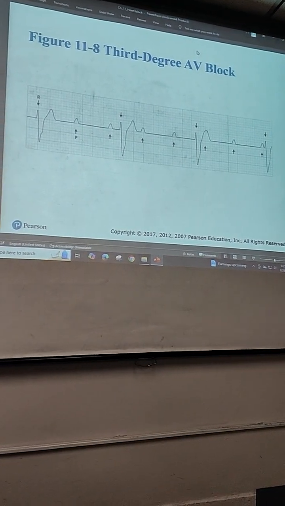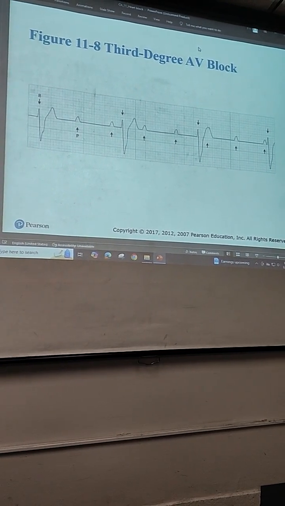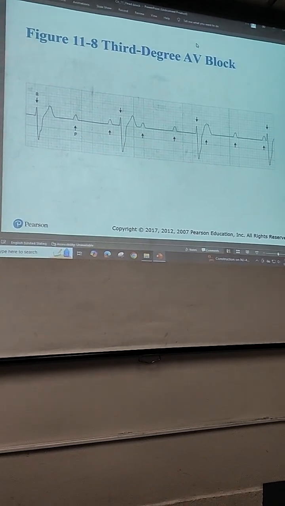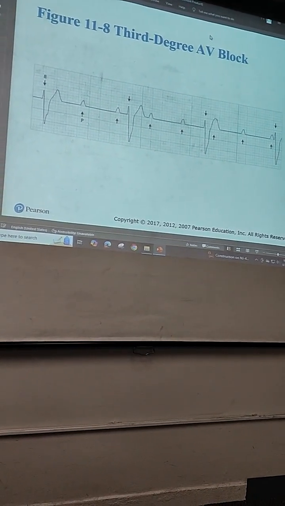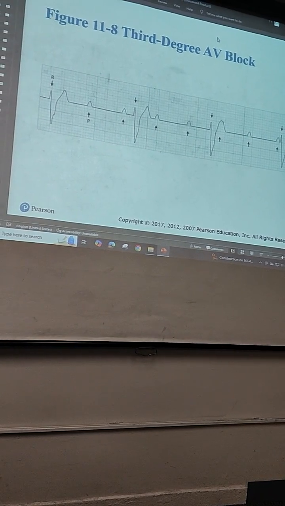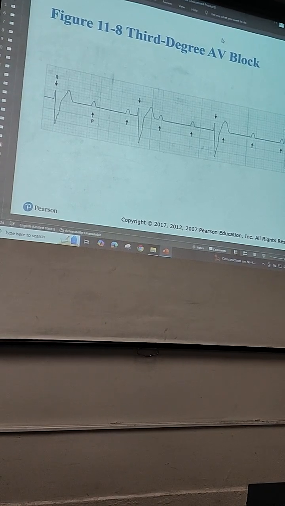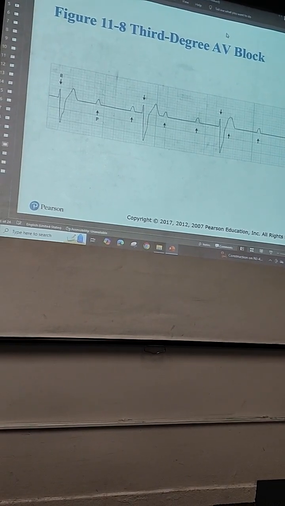So you're going to see more than one P wave before a QRS. Now you know that this is a third degree block. Just seeing the P's, because the P's are not going to disappear, because the SA node is working normally.